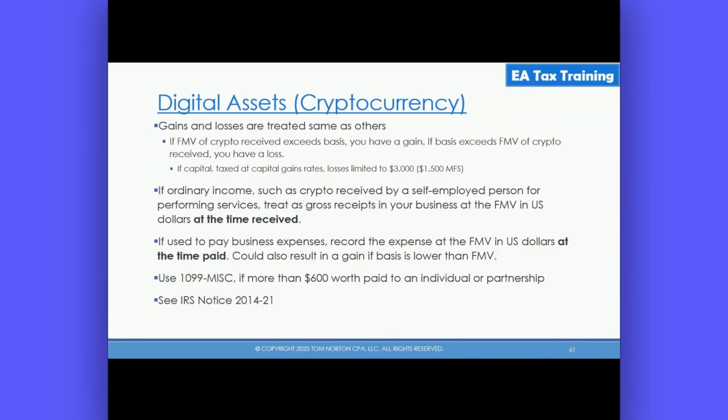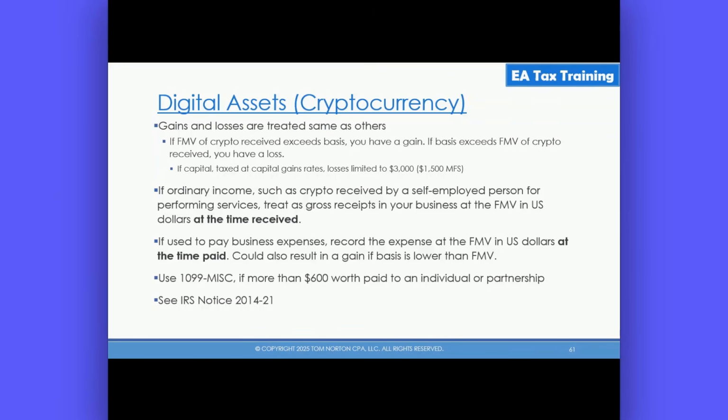So they accept that crypto as being equivalent to $500. Well, your basis is only $100 because you received it for services you performed for $100. That becomes your basis. So if now you use it to purchase goods or services worth $500, you have a $400 gain on that crypto.